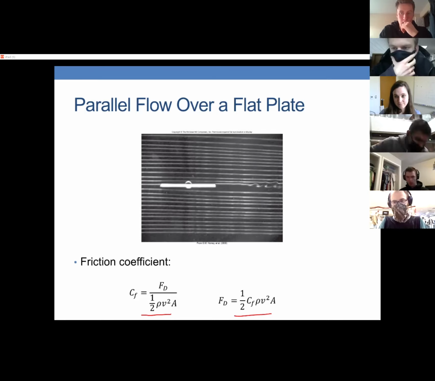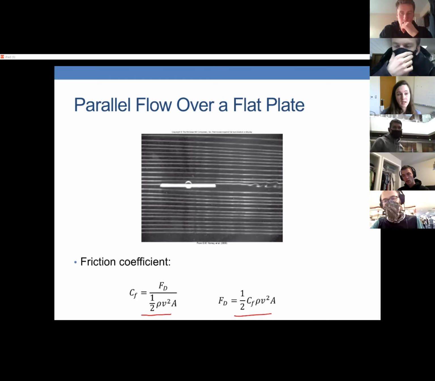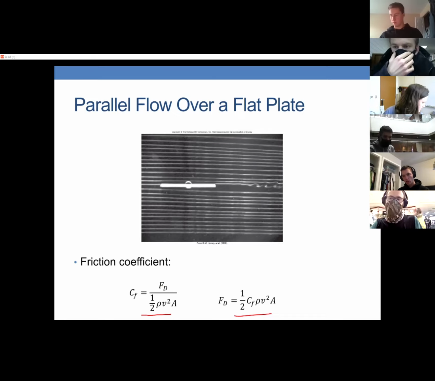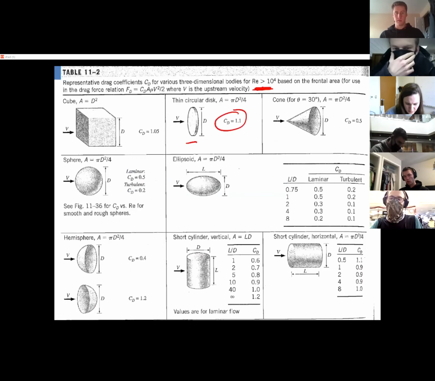If we have an instance where it's angled and we have both, will we have to find both pressure and friction drag? I wouldn't ask you for anything where I didn't give you what the coefficient should be.